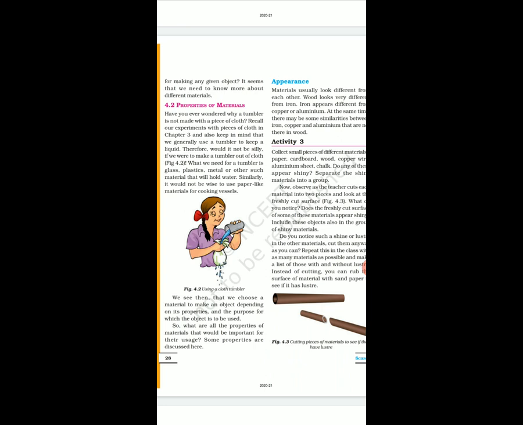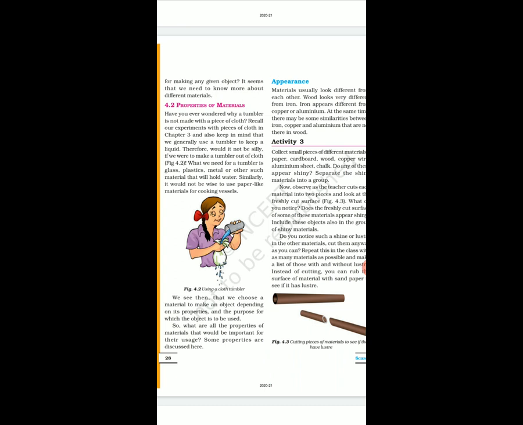They have different look, different color, different shape, different use, right? We will learn more about the properties of materials. Have you ever wondered why a tumbler is not made with a piece of cloth? Can you tell me what will happen if a tumbler is made up of a piece of cloth?